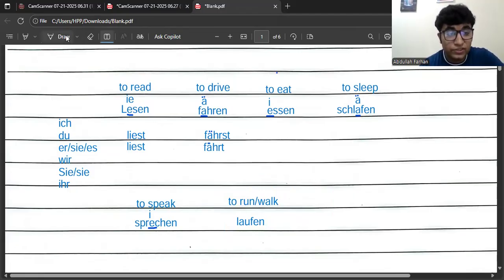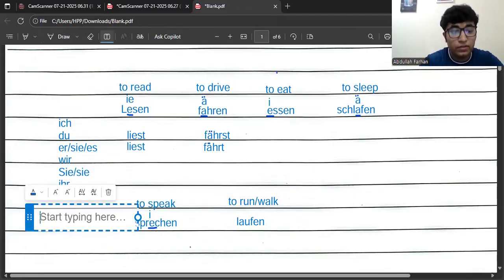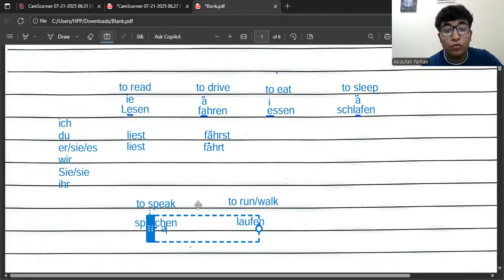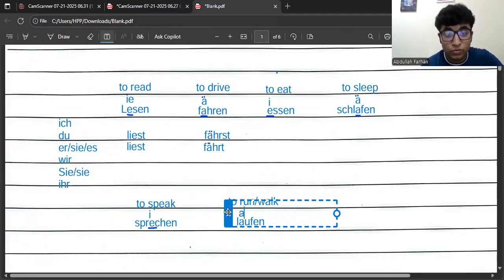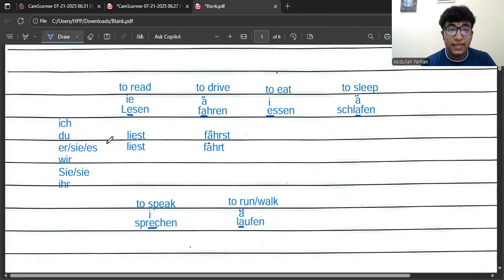What is the difference in conjugation for laufen? It is again an A umlaut, only in the first A, not in the U. Then we've got two more.